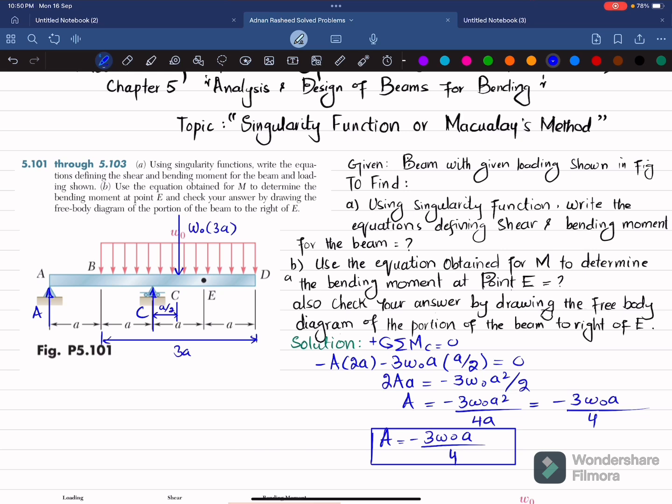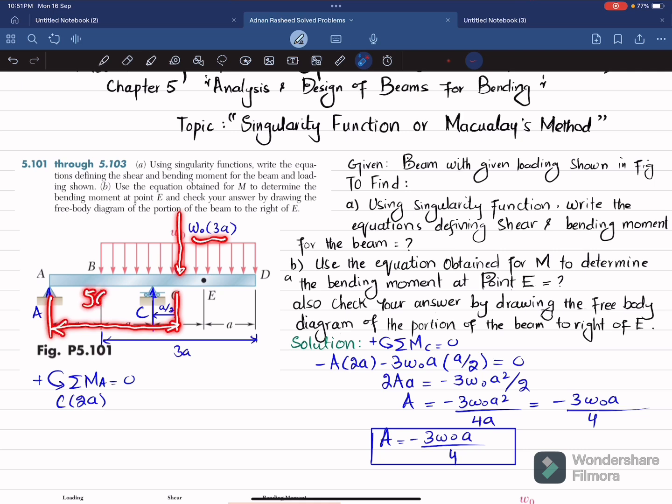Now we'll find this C by using another equation of equilibrium, that is sum of all moment about point A is equal to 0, taking the counterclockwise moment as positive. So about point A, the first moment is due to this force C, and perpendicular distance is 2A, and this is producing counterclockwise moment, so it is positive. So we can write C multiplied by 2A. The second moment is produced due to this W naught into 3A force, and now the perpendicular distance is 2A plus A by 2, which is equal to 5A by 2. Clear?